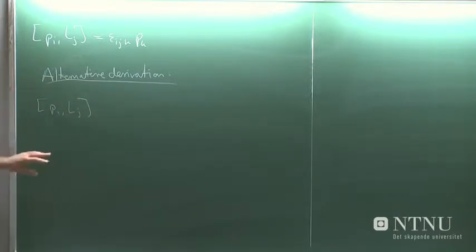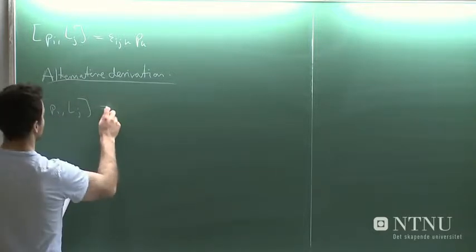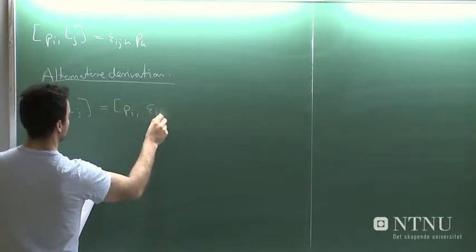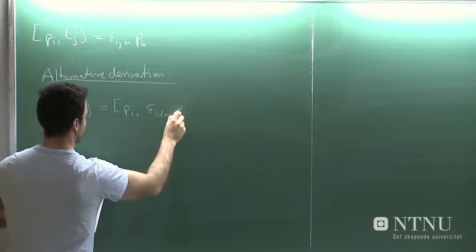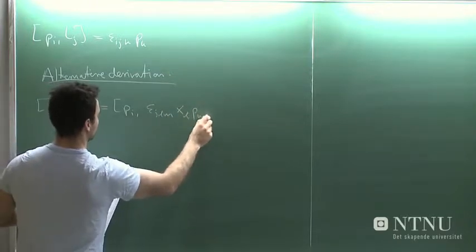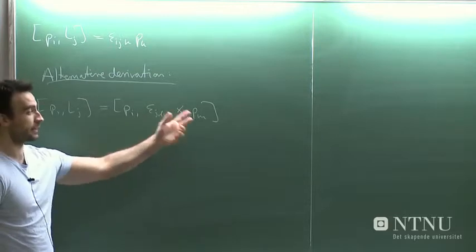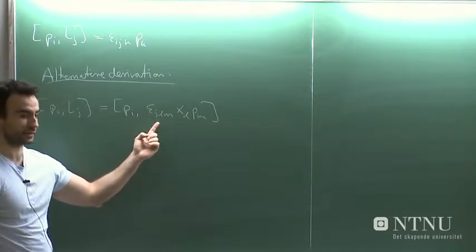So we begin by considering this Poisson bracket immediately without specifying any particular coordinates, such as x, y, or z. Now, the jth component of the angular momentum vector can be written like this by using the Levi-Civita tensor.